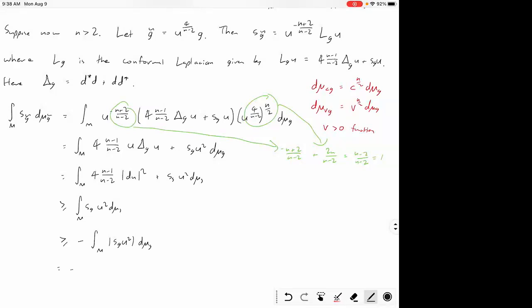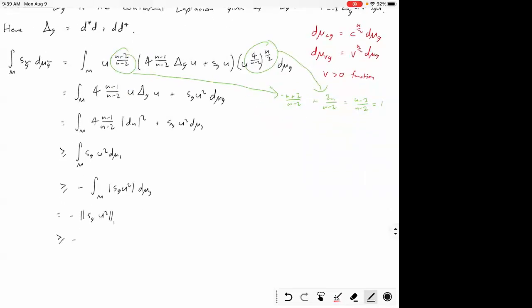So this is minus the L1 norm of this function. And now I can use Hölder's inequality.